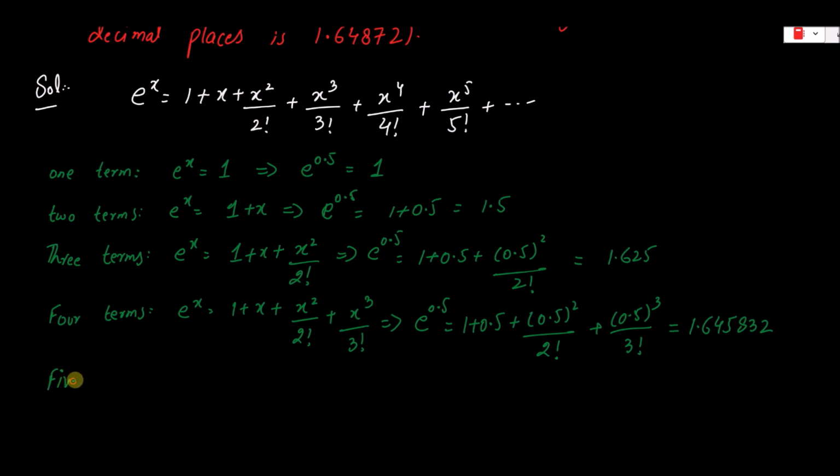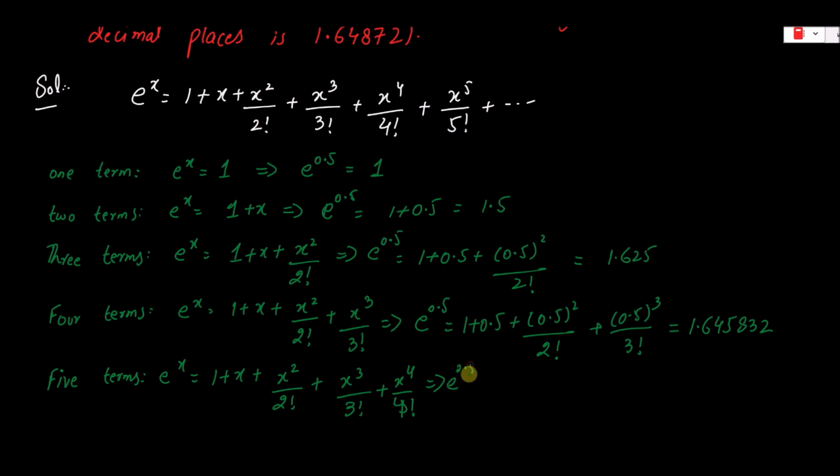Okay, let's choose five terms. So we have e raised to the power x equal to 1 plus x plus x squared by 2 factorial plus x3 by 3 factorial plus x4 by 4 factorial.